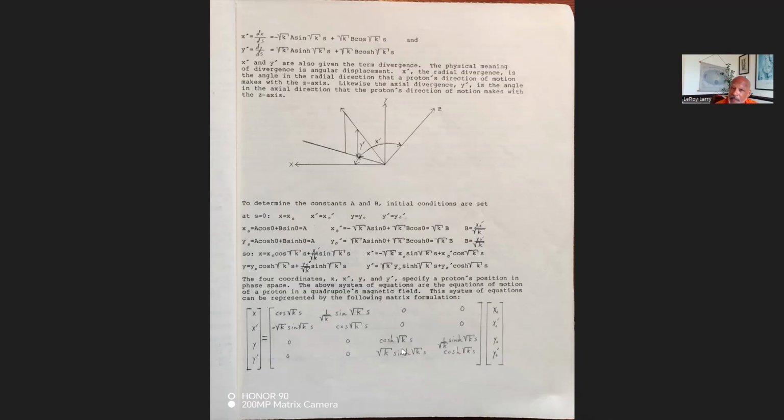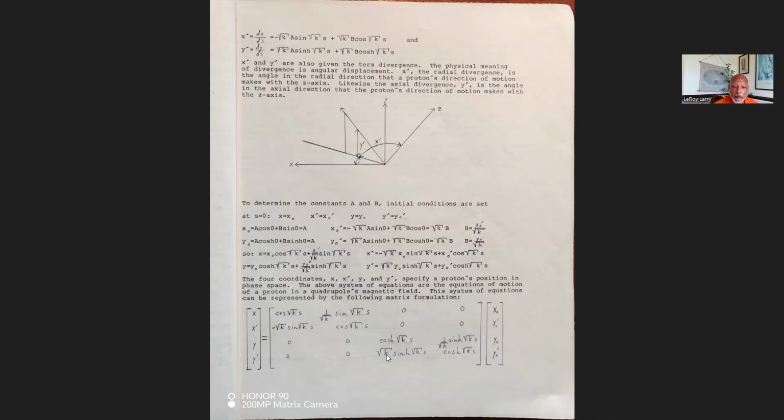To represent that type of a quadrupole, you would just reverse them, all right? Okay, so this 4x4 matrix is representing the horizontally focusing, vertically defocusing quadrupole magnet, and you'd reverse these 4 elements to represent the vertically focusing and horizontally defocusing quadrupole. So that's what we have here.